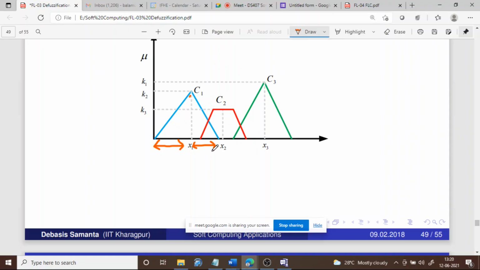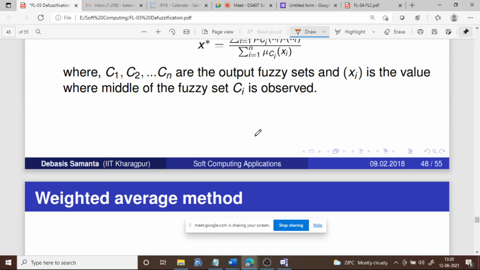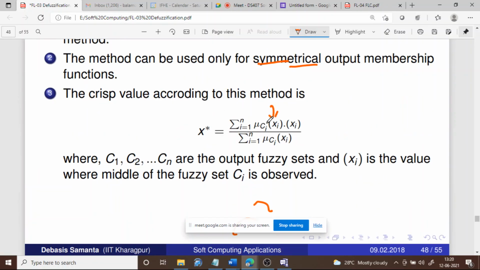Similarly, if you take this function, it behaves in a similar way to the left of x2 and to the right of x2. Similarly, this also behaves the same way to the left and right of x3. Such membership functions are called symmetric membership functions, and only for symmetric membership functions is this weighted average technique applicable.